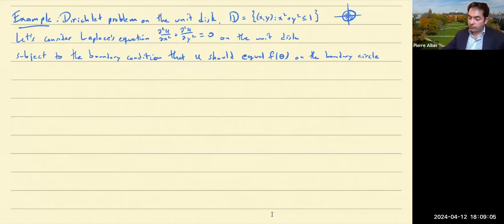Okay, so as usual, when you're working with the unit disk, you want to use polar coordinates.